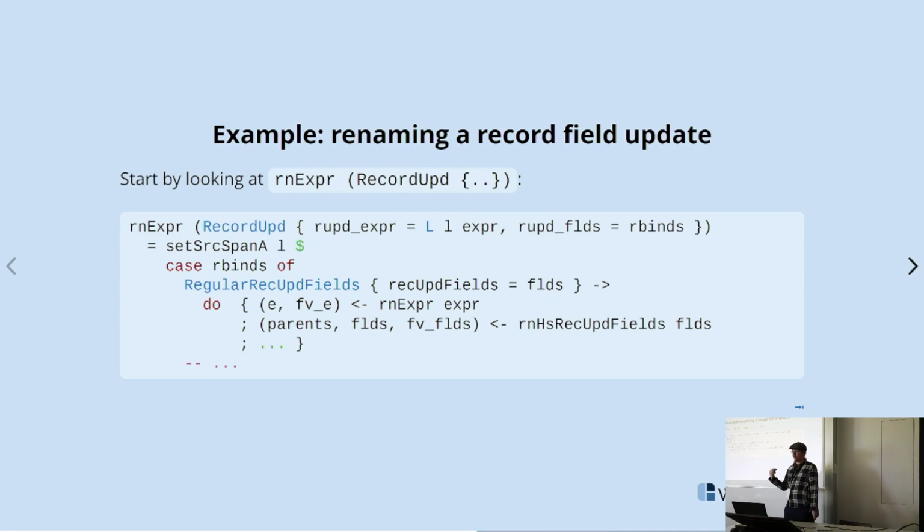We don't know ahead of time which data constructor we're updating. We can't say, oh, I'm updating the data type A with constructor muck A. So we have to figure out in the renamer which fields, so if the first field we're updating is called field 1, which records have that field 1, and which update do we have?